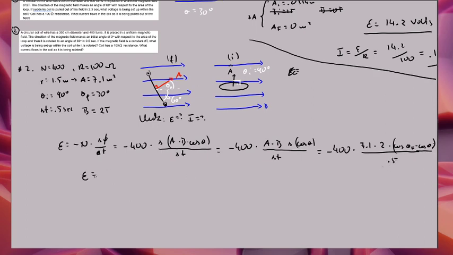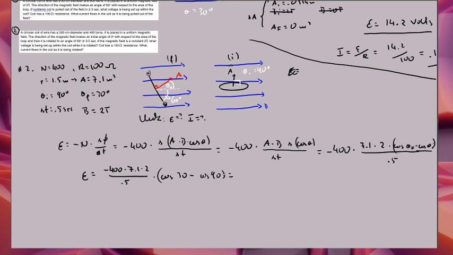And so the EMF equals, let's plug all of the numbers in. So minus 400 times 7.1 times 2 divided by 0.5 times the cosine of the final angle, which was 30 degrees, minus the cosine of the initial angle, which was 90, equals.